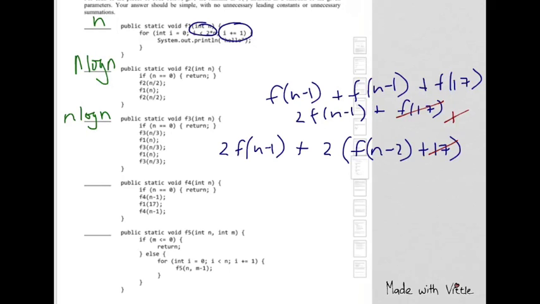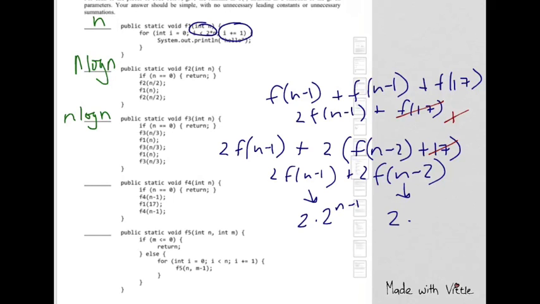Here we can start to see a pattern. Let's simplify this first. The left-hand side is essentially 2 times 2 to the n minus 1, and the right-hand side will be 2 times 2 to the n minus 2.